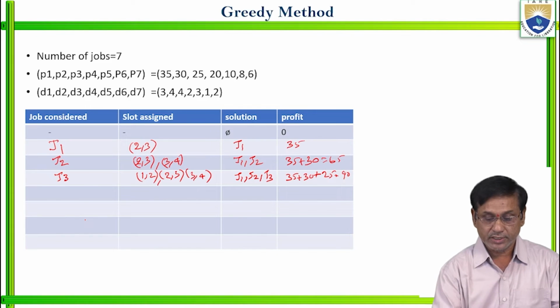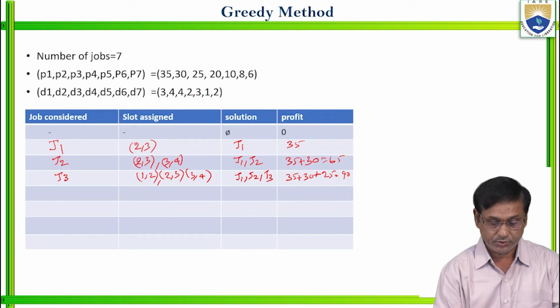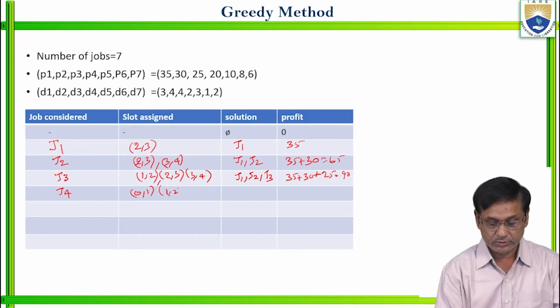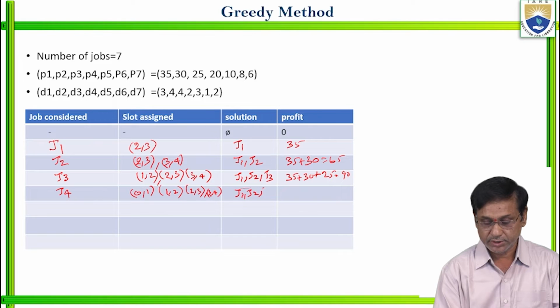Now next one is the fourth job. The profit is 20, and you can wait 2 hours. So the first slot is free, so that we can assign the fourth job, and the first slot can be considered for him. 1 to 2, 2 to 3 and 3 to 4. So 4 slots. The jobs are J1, J2, J3 and J4.